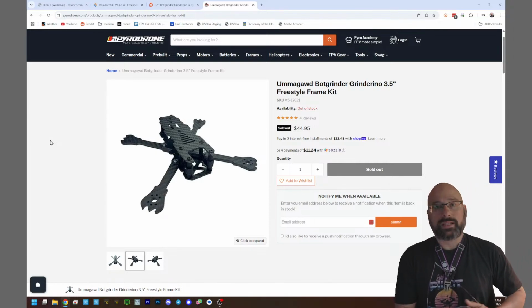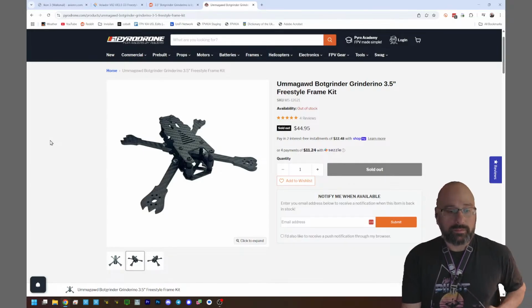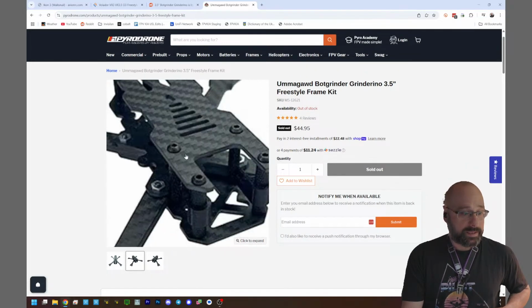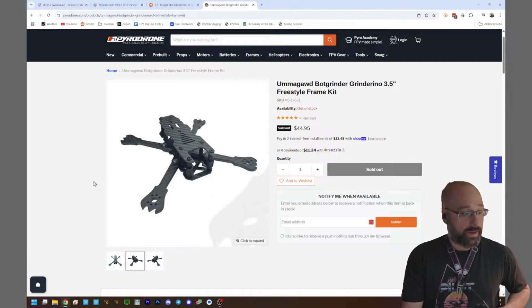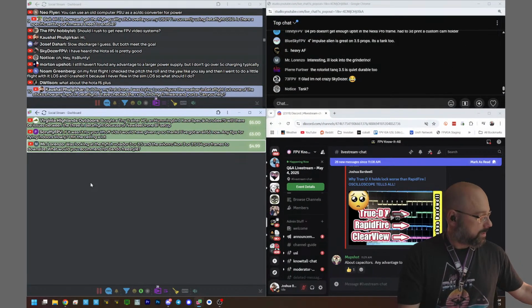But no one's revolting against Botgrinder, and his frames have held up to the tests. So I would be tempted to go with something like the Grinder Reno 3.5. I don't need to ask you in the chat what you think of that, because I just know that frame has got a reputation. So that's where I would steer you.